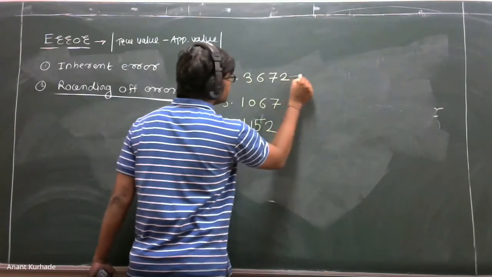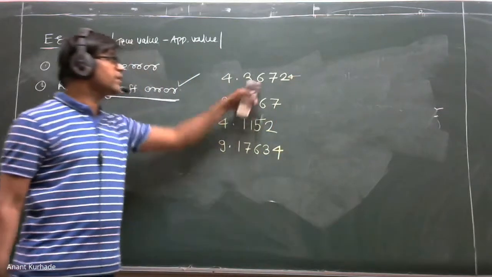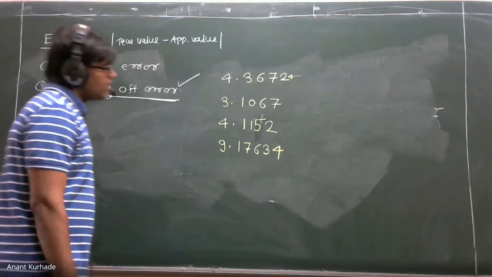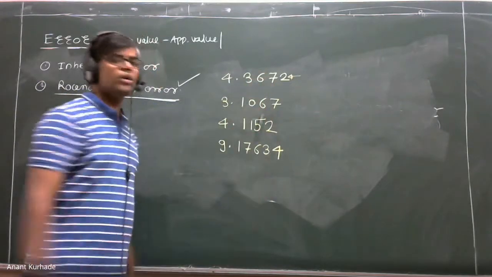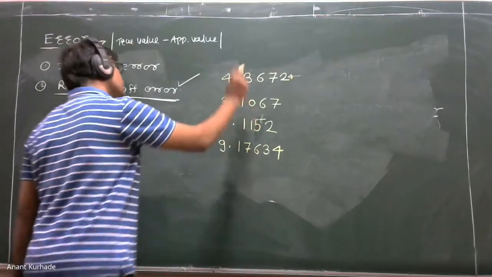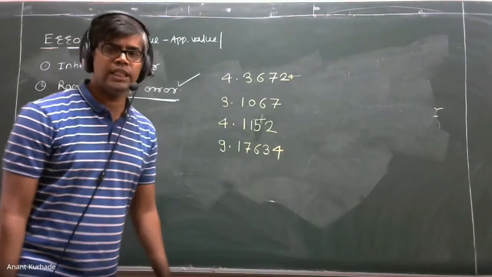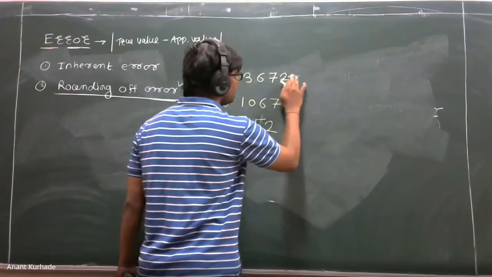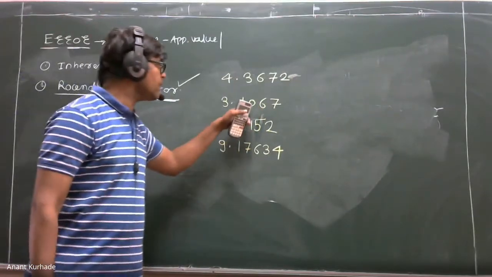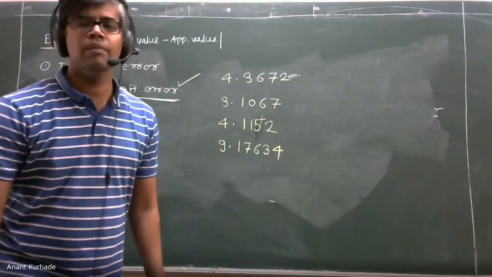Question for this: round up this number up to 2 decimal places. Your answer will be 4.37. Now this question: round up this number up to 1 decimal place.